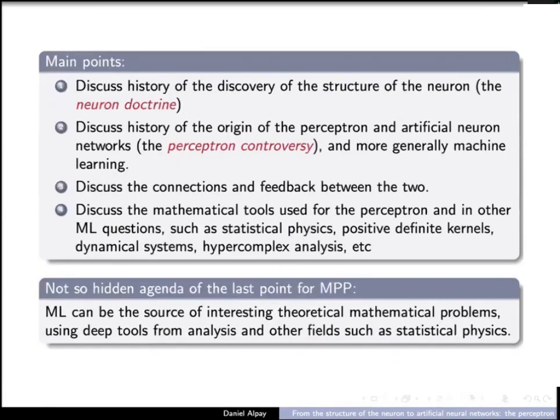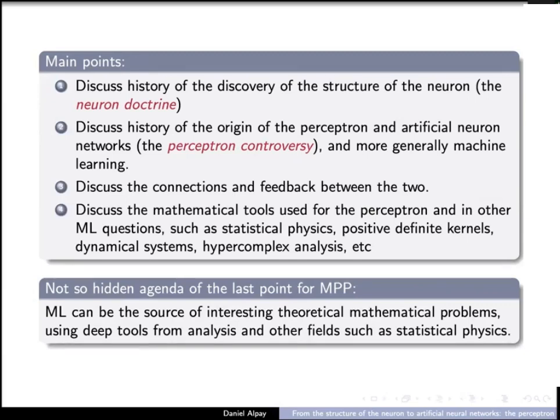In any event, the main point of the lecture is to discuss the history of the structure of a neuron, the so-called neuron doctrine. Then I would like to discuss the history of the origin of the perceptron and artificial neural networks, the perceptron controversy, and more generally, machine learning. I would like to study the connections between them and also the mathematical tools which are used for the perceptron, and I'll discuss other mathematical tools used in machine learning and in artificial neural networks.